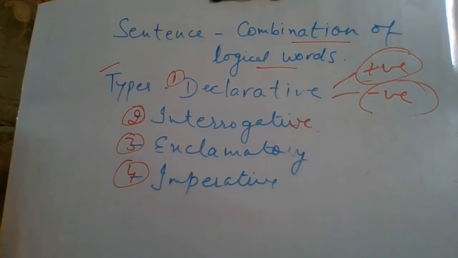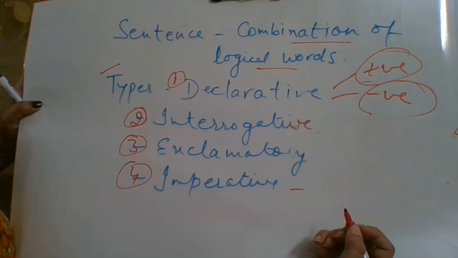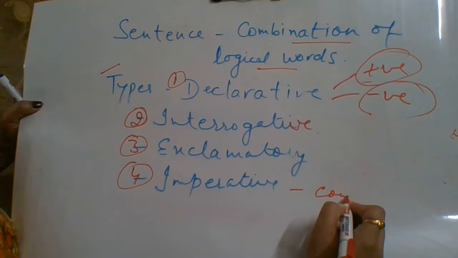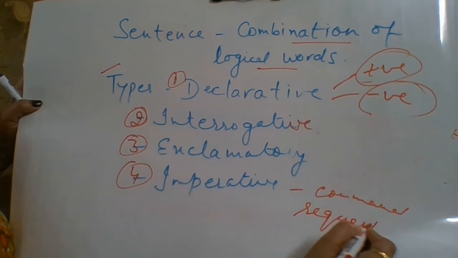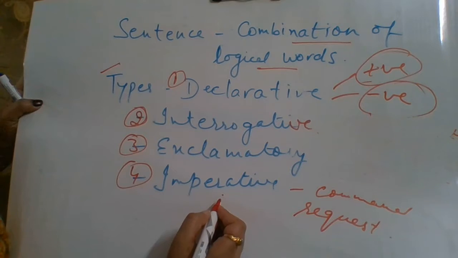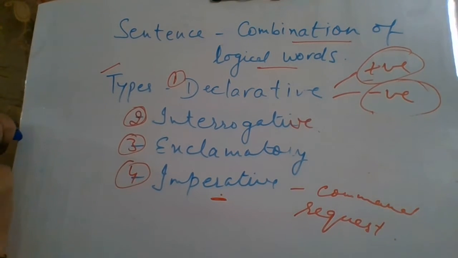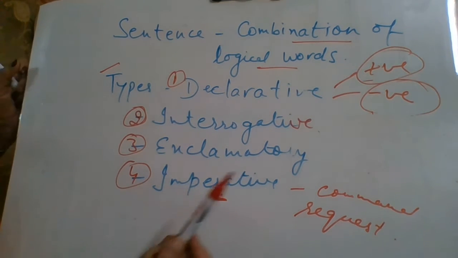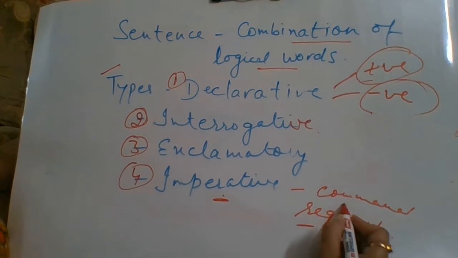And the fourth type we did is imperative. The imperative is a sentence in which we give a command or request. This sentence ends with a full stop, right? Like please come and sit down, don't stand, don't go there, a kind of request or command.